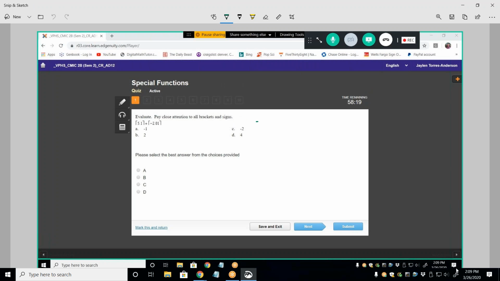Here's a number line. Always start your number line with 0. Okay? Now let's put 5 on there. And now let's put 5.1 on there.